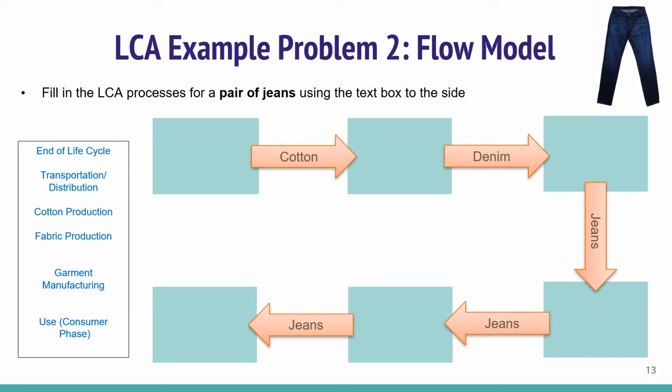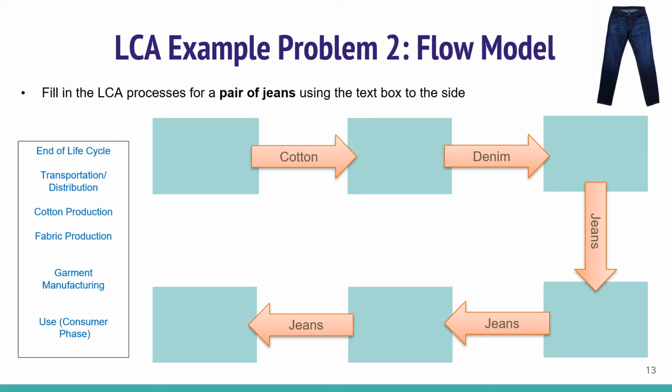So for our second LCA example problem, we're going to be doing a flow model for a pair of jeans. Flow models are how process-based LCA software works, such as the Gabi software.